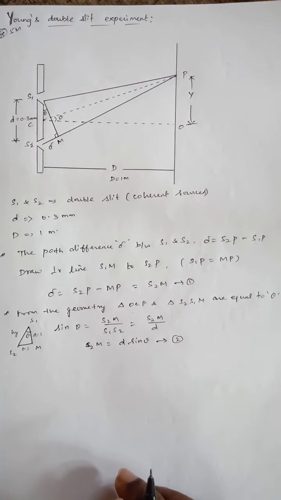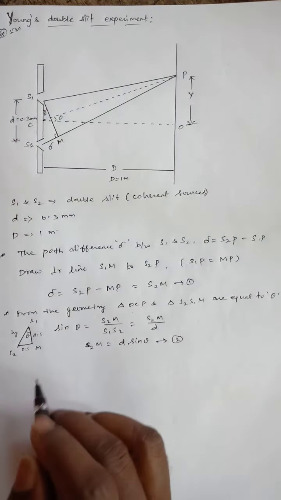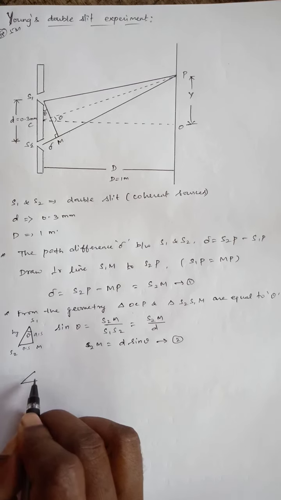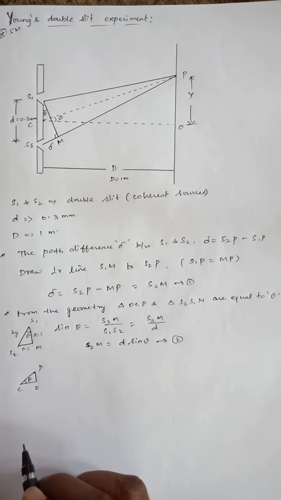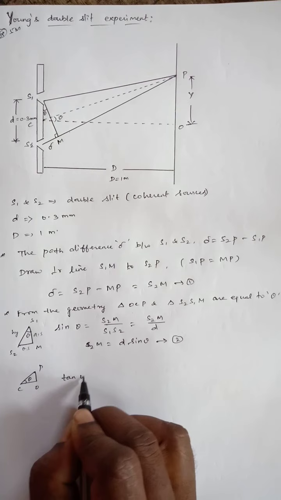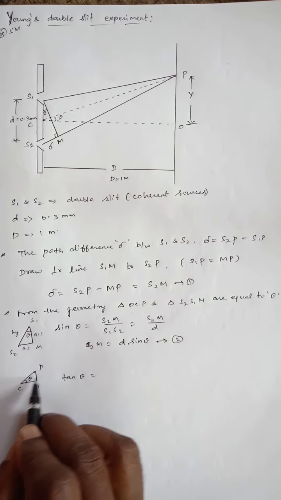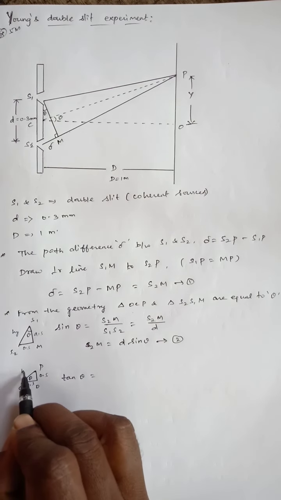Similarly, you have to find this length using the triangle OCP. Here is theta. Okay, we have to compare the sine with tan theta now. So what is tan theta for this diagram? Here is theta, this is the opposite side, this is the adjacent side, here is the hypotenuse.